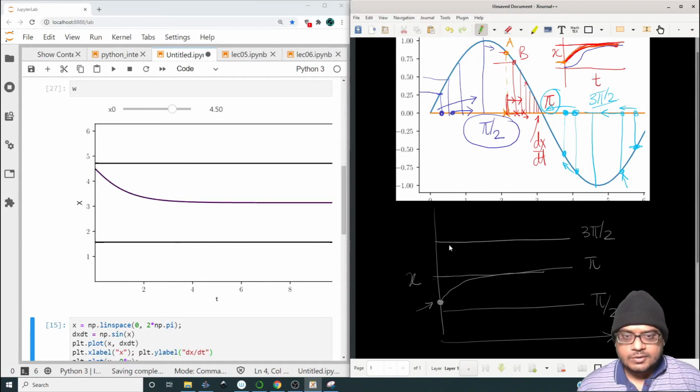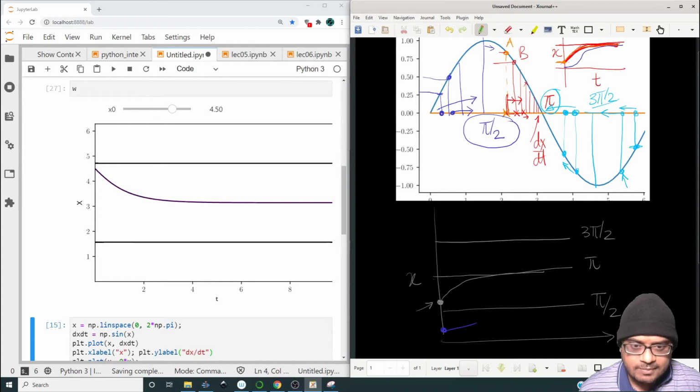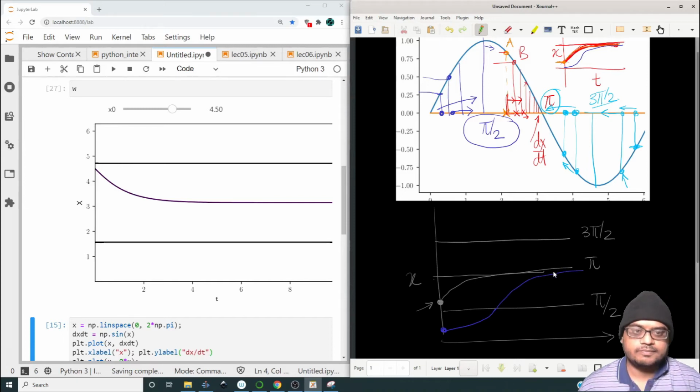Now, if we start at a point somewhere over here, the velocity will initially increase, then it will fall. That is, x will rapidly increase in time up until it crosses pi by 2, after which it will slowly reach the asymptote.